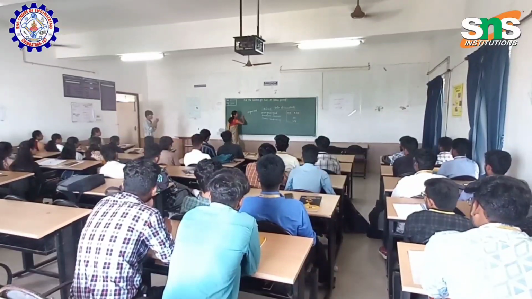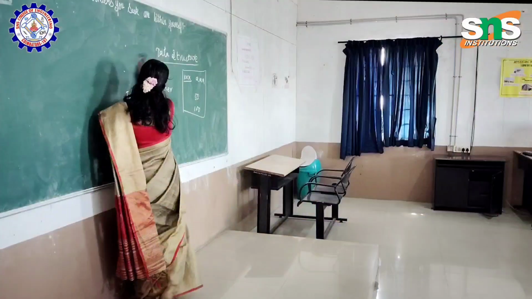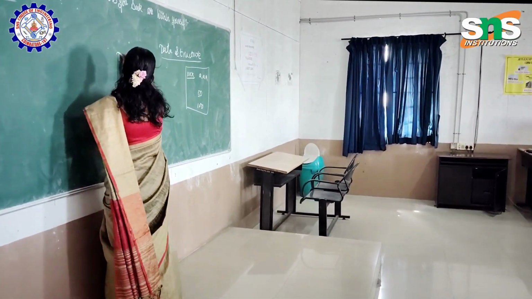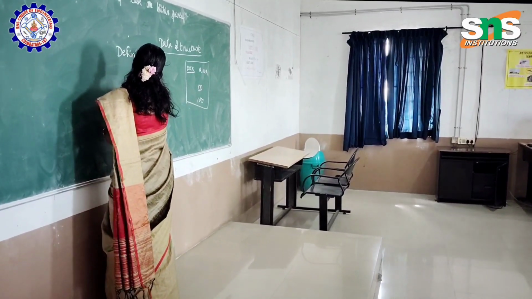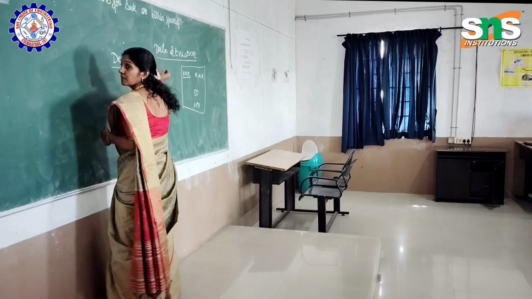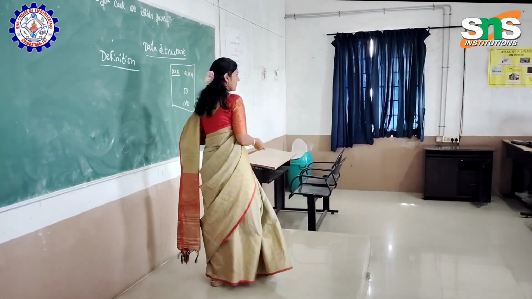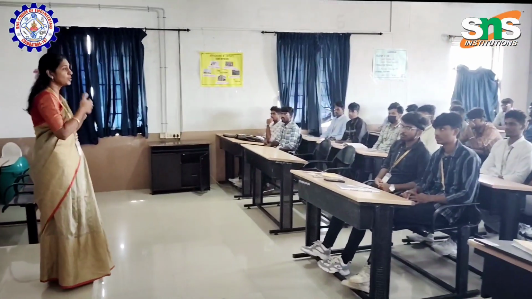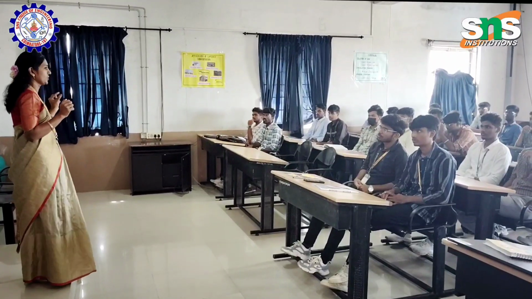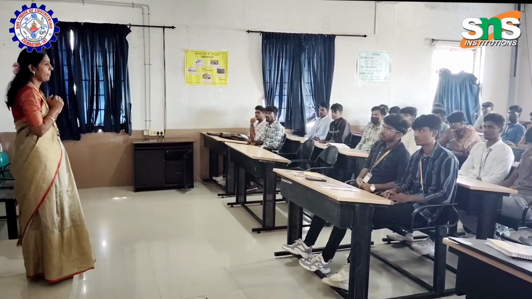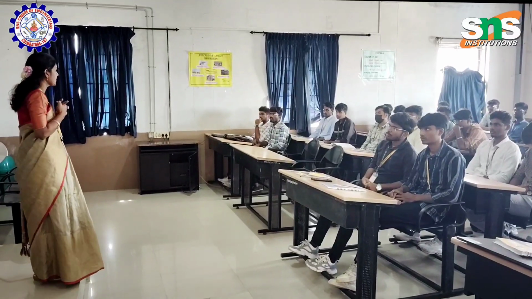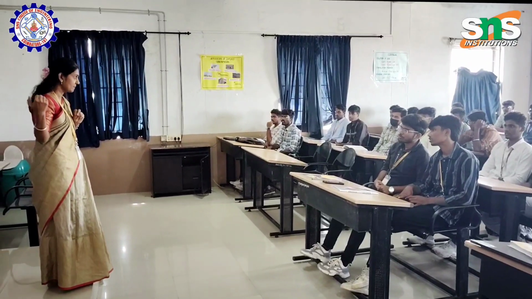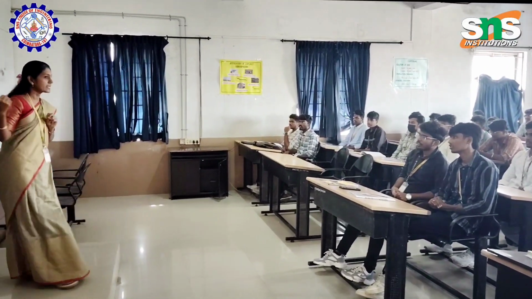Okay, now based on the activity we have done, you are going to define what a data structure is. We have done the activities, so based on this you have to narrate the definition of data structures. What may be the definition? What have we done so far? Organized data.